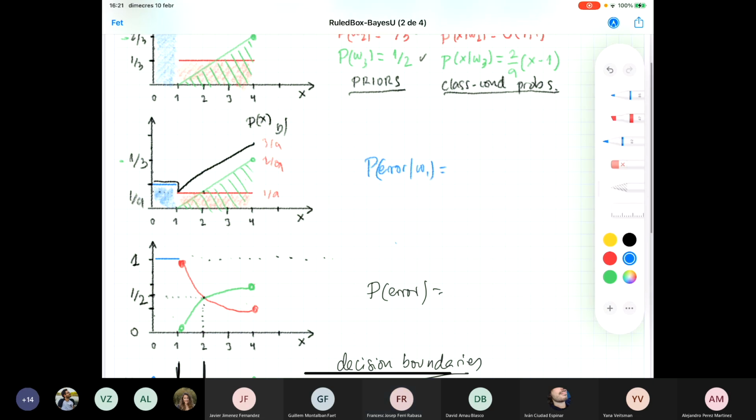What's the probability of error in class 1? The classifier decides class 1 between 0 and 1. Is there a possibility of having errors in class 1?